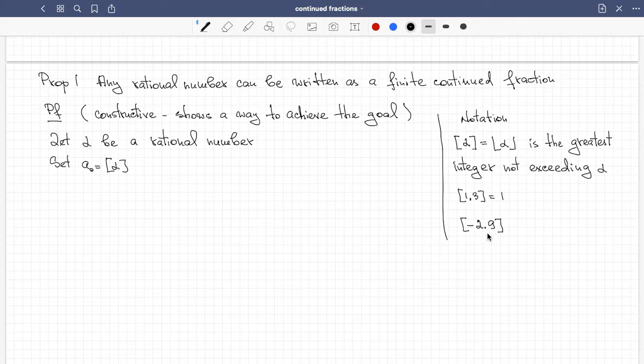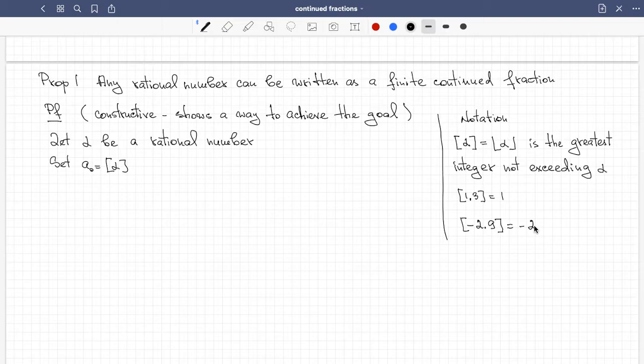Negative 3 is closer, but it should be the greatest integer not exceeding. The greatest integer not exceeding is not negative 2, although negative 2 is closer. It is not rounding. Or, if you want, it's rounding down. Always down. Rounding to the integer down.